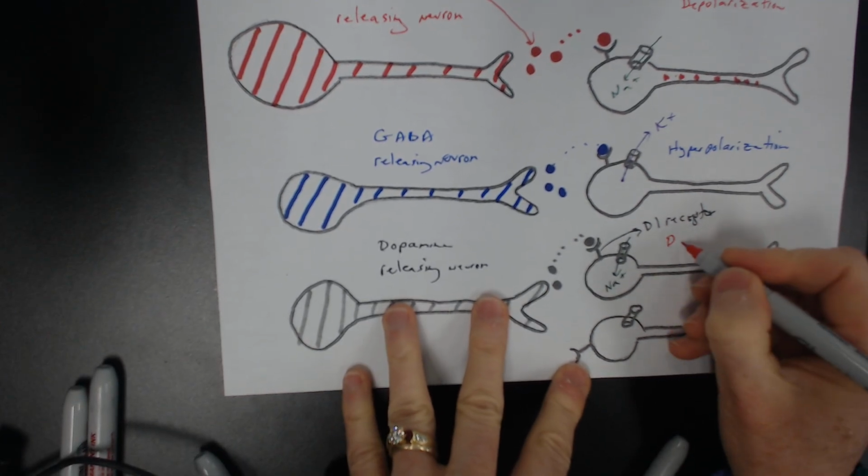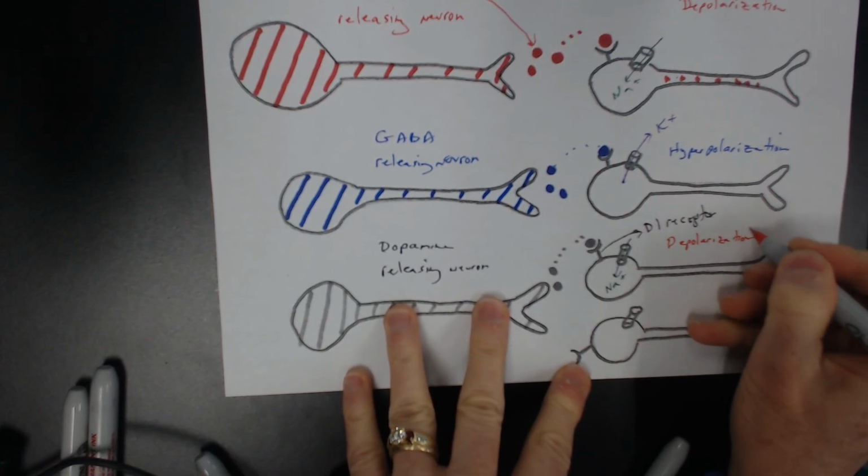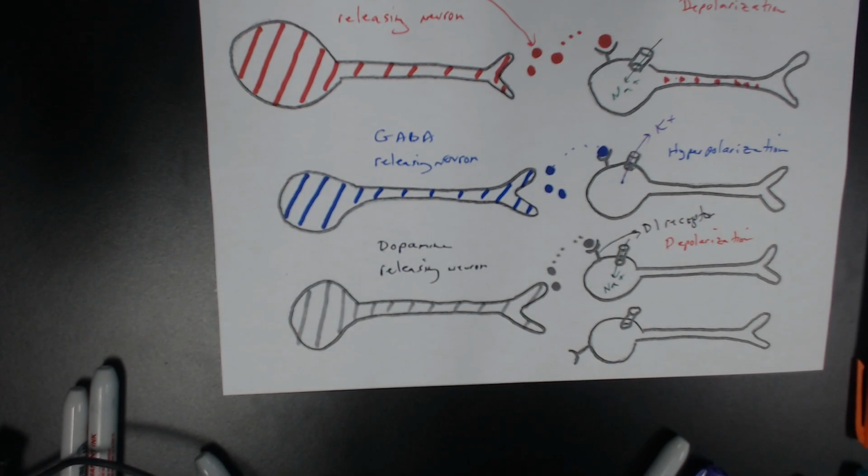So it's excitatory. If dopamine binds to a D1 receptor, which is the receptor on the next neuron in sequence, that's going to be excitatory, so you're going to cause depolarization of that neuron.